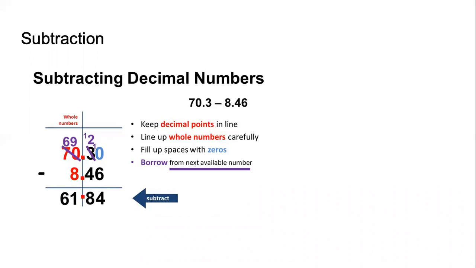So if we write one below the other, which is already written, I'm writing it again on the screen for you to know how it has been done step by step. So we have 70.3. We have 8.46, and we have to do subtraction.